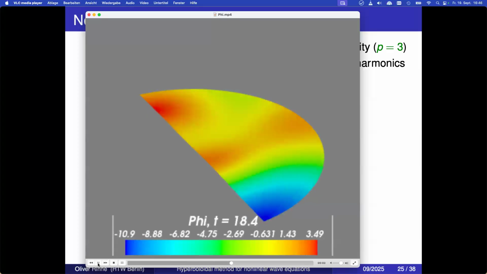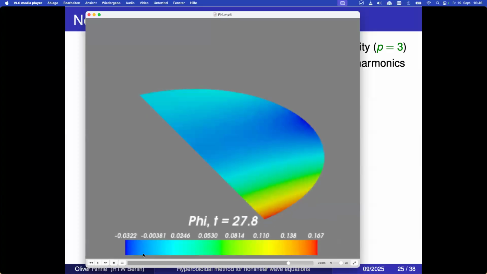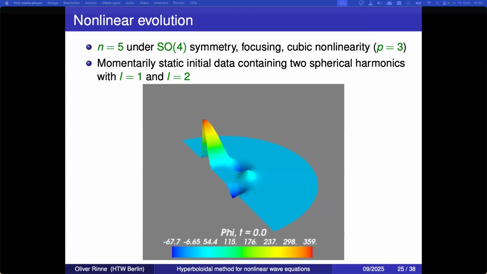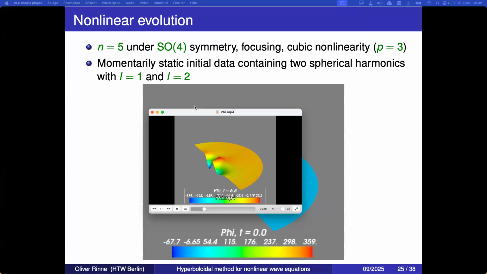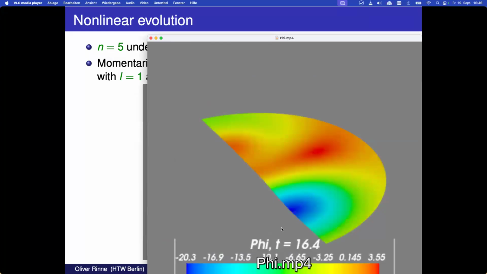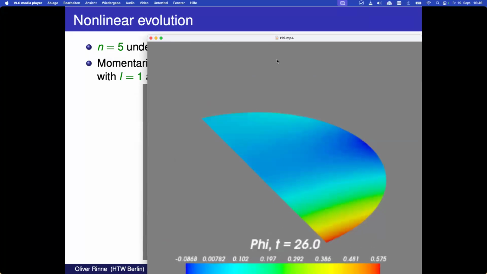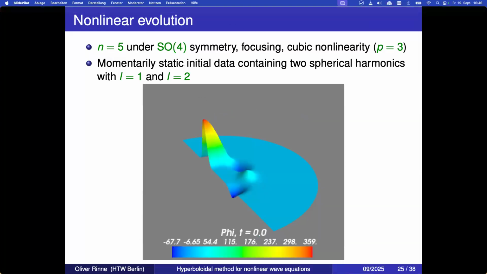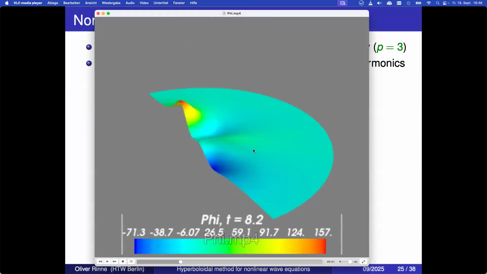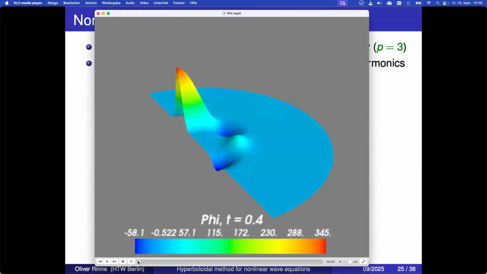You see there's some kind of focusing going on in the initial phase, but then very quickly things disperse. So let me show it again. It's kind of difficult to catch here. Once more. So here the initial data, let me do it a little bit slower.